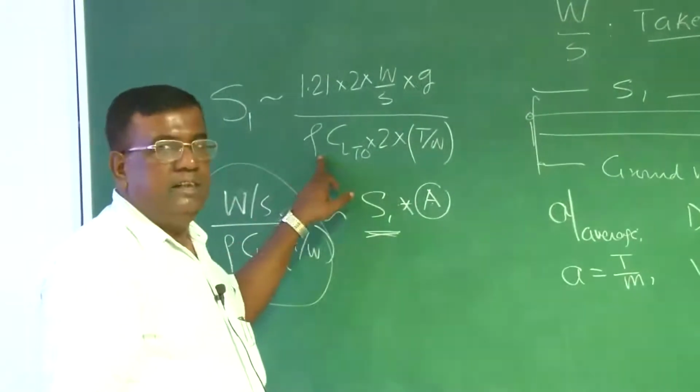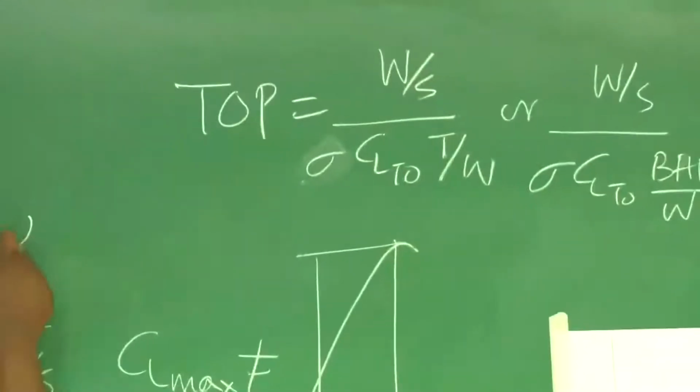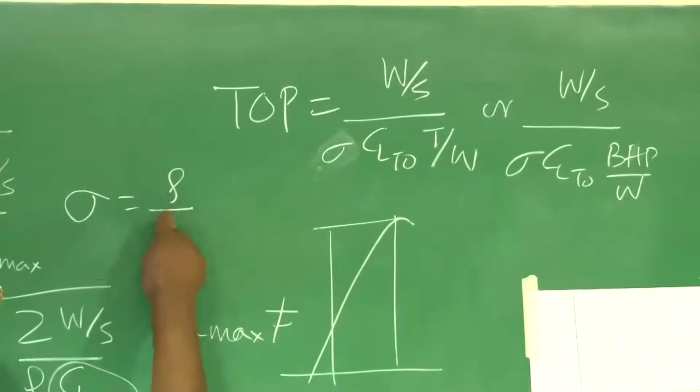Rho has been replaced by sigma to take the density effect, because sigma is nothing but the density ratio, rho by rho naught.